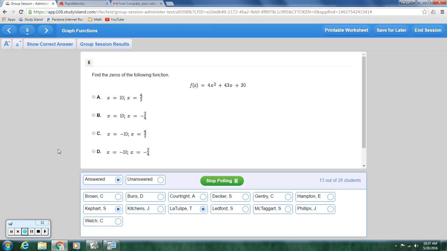Oh, pressure's on. Find the zeros. Look at where it crosses the x-axis. Don't forget to hit submit.